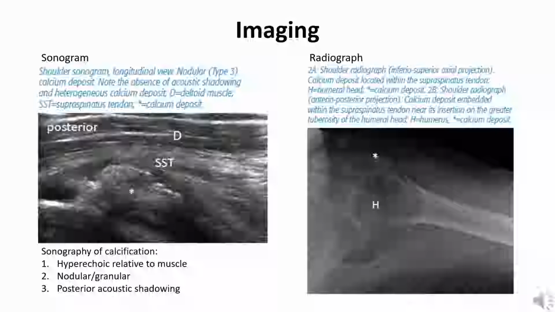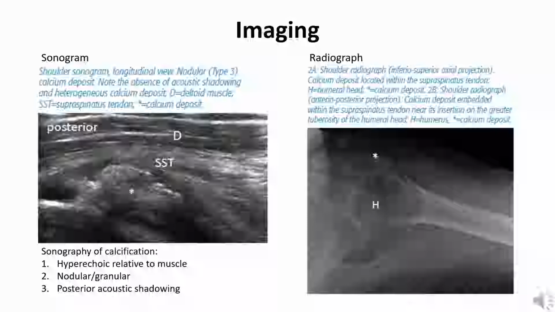Imaging of the calcium can be easily seen on either ultrasound or the radiograph. In the radiographic examination, on the left side, you will note this white asterisk indicating the calcium deposit. It is embedded within the supraspinatus tendon.